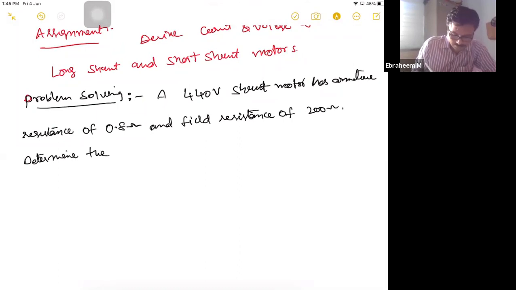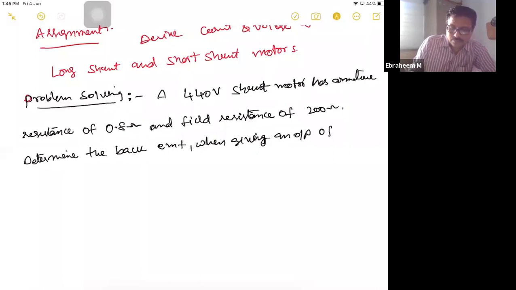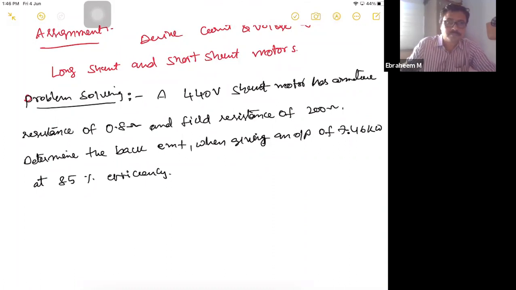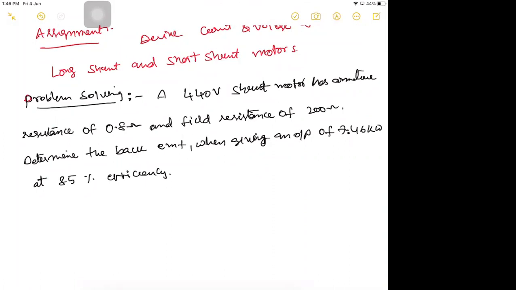Determine the back EMF when giving an output of 7.46 kilowatt at 85% efficiency. Is the problem statement clear to you? Yes, sir.